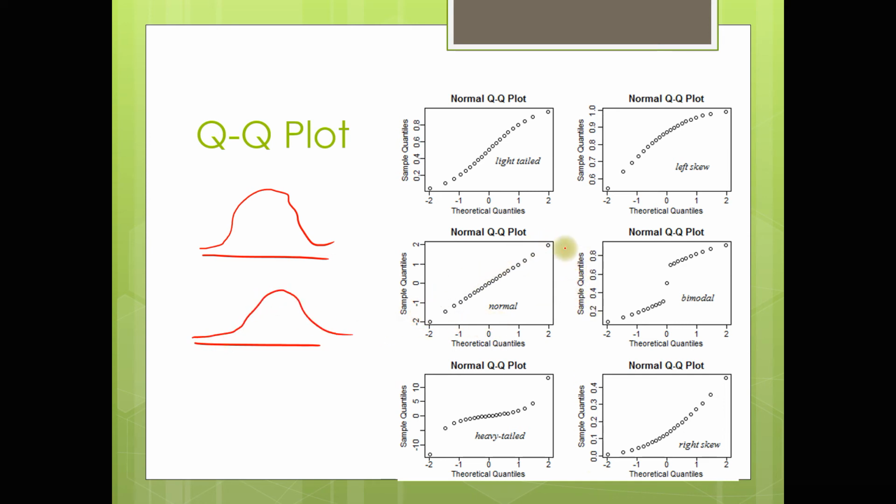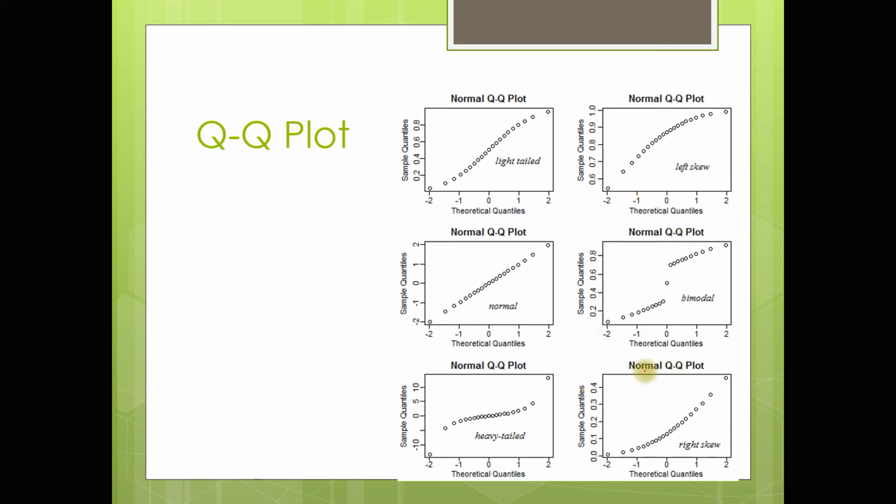If the data is like that, obviously it is a normal. If a data is something like this, it means that the data is bimodal. If a data is something like that, it means that the data is a heavy-tailed distribution. It's like a T distribution, maybe. And if data is like this, obviously it is right skewed, because the above is left skewed.